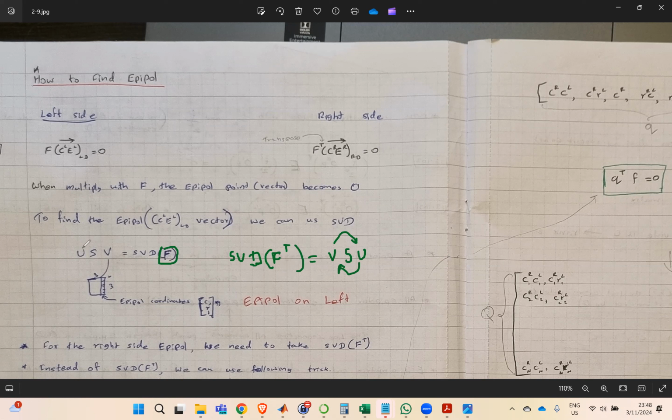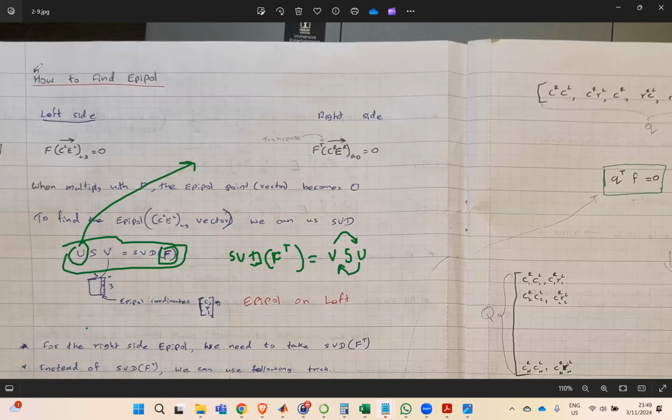So we took the SVD one time, and we don't have to take the transpose and do it again. We can directly take the last column of U. Got it? Nima, you got it? Yeah, got it.